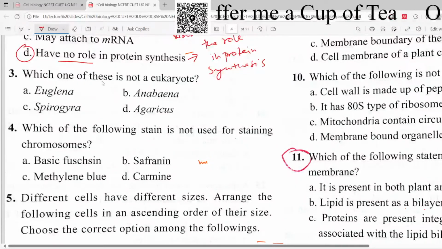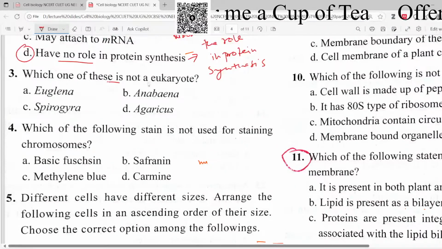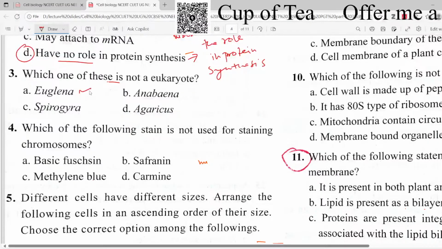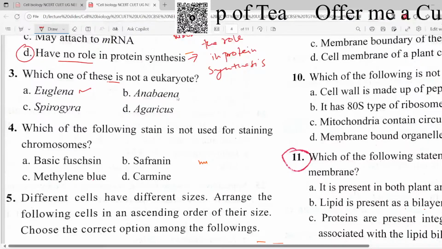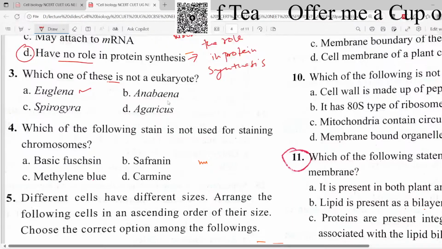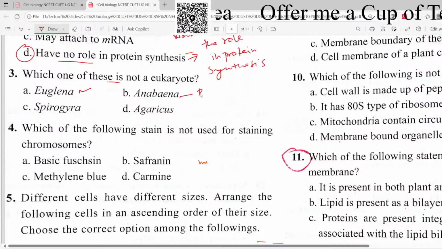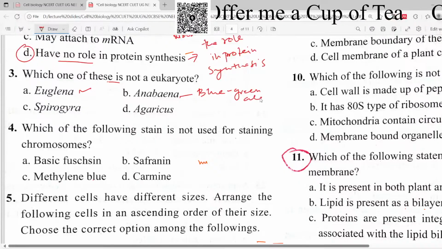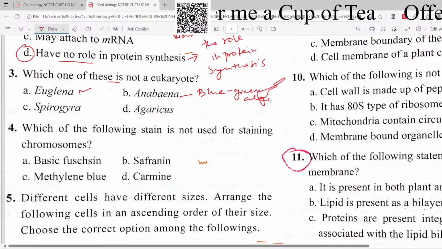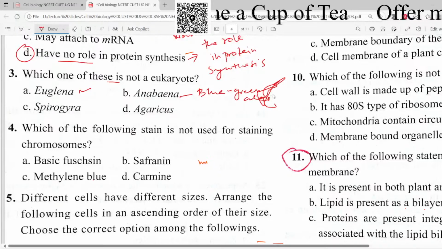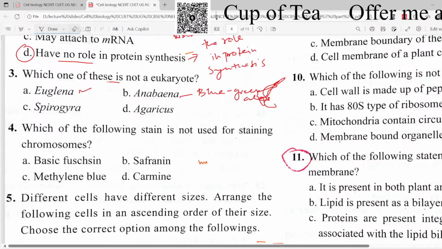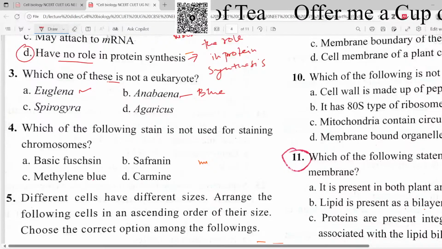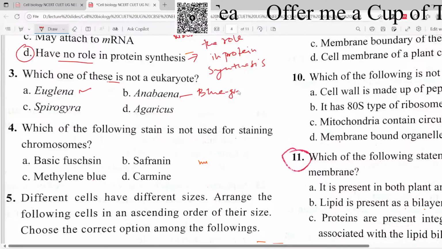Which one of these is not a eukaryote? Euglena is a eukaryote. Anabaena is a blue-green algae, so blue-green algae is prokaryotic.